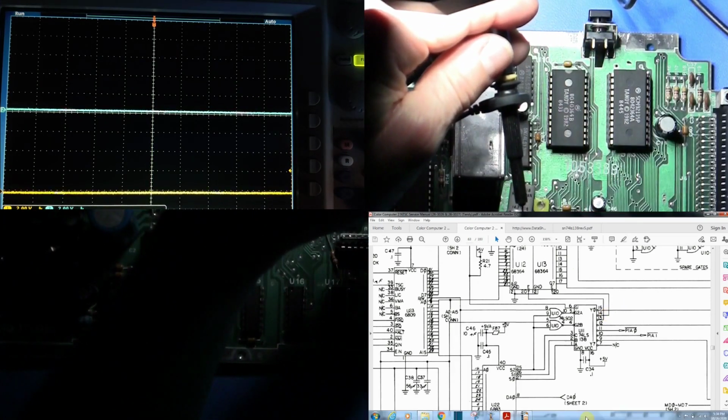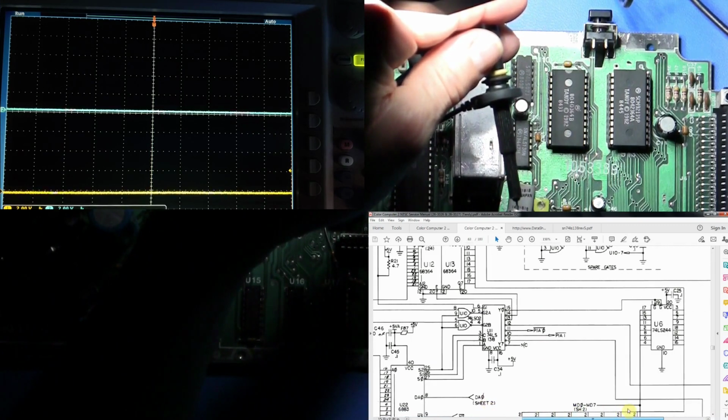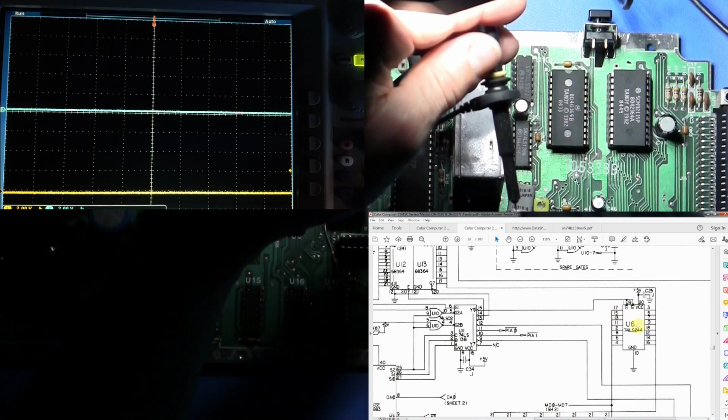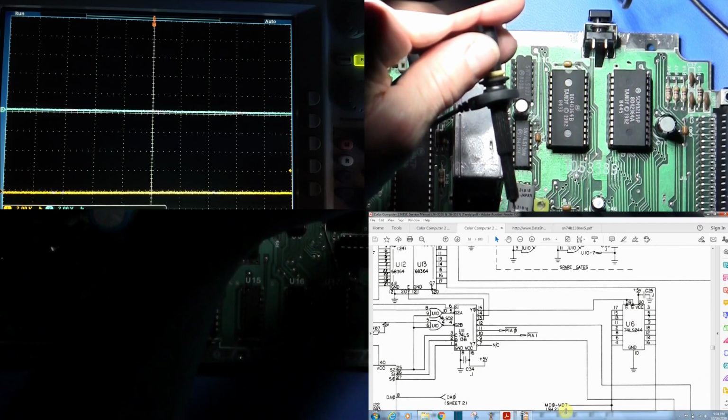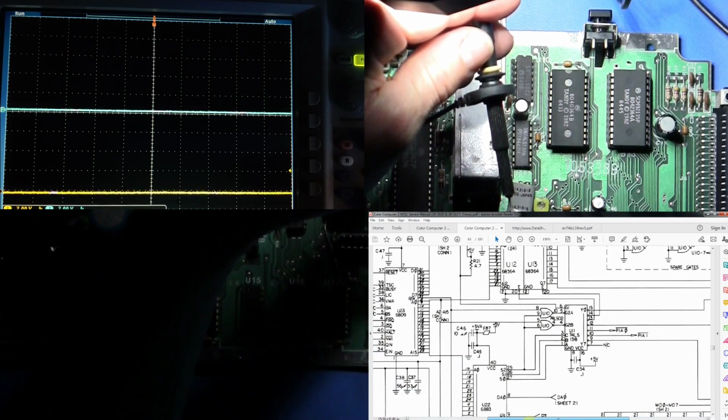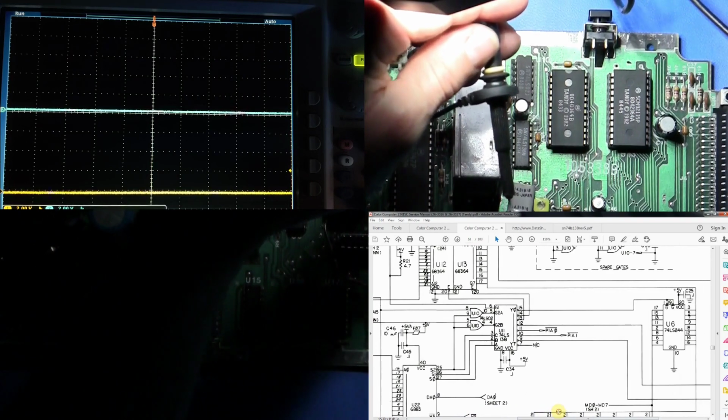Y0 is a RAM buffer. That's the 244 RAM buffer. So whenever RAM is getting read, we would expect that Y0 should be going low. So in fact, let's look at that now.